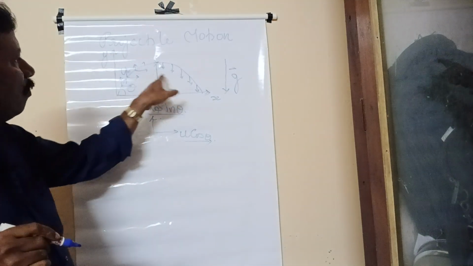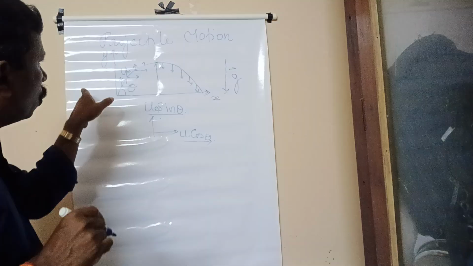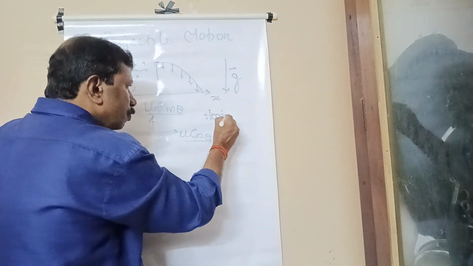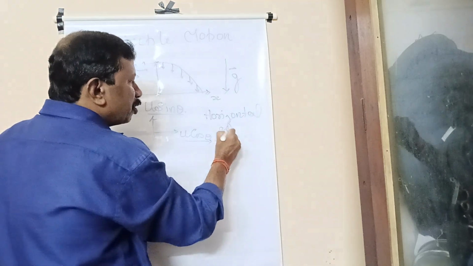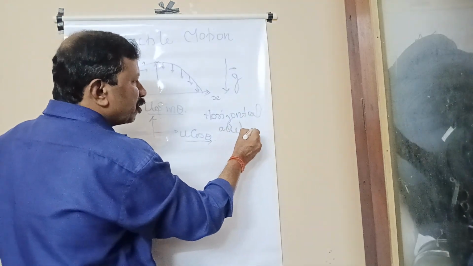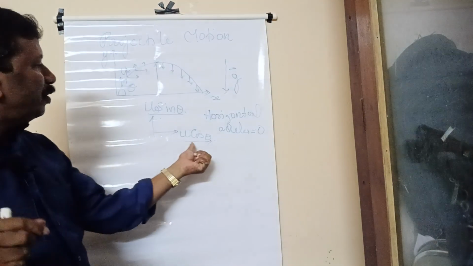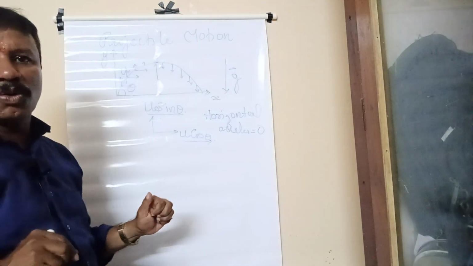Horizontal velocity is constant, so horizontal acceleration is equal to 0, because acceleration is the rate of change of velocity.